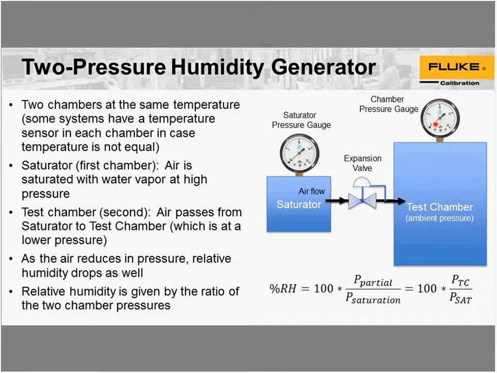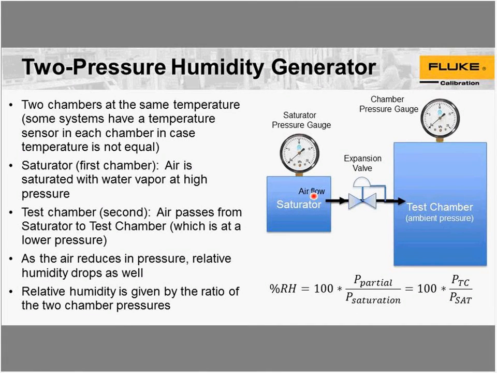There's more intricacy involved here, but at a high level, this is basically what's happening. Oftentimes you'll hear someone talk about a two-pressure, two-temperature humidity generator. The temperature portion relates to these two chambers being the same temperature, but often they aren't, because of either space, or something happening in the saturator, or because when the air expands, it cools down.